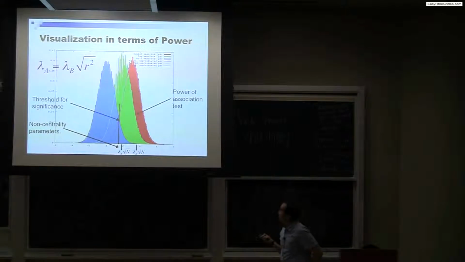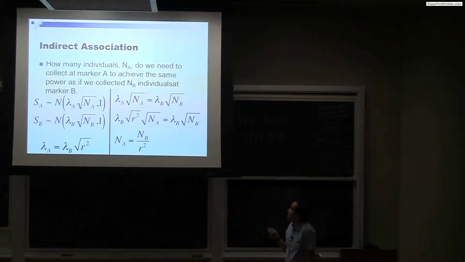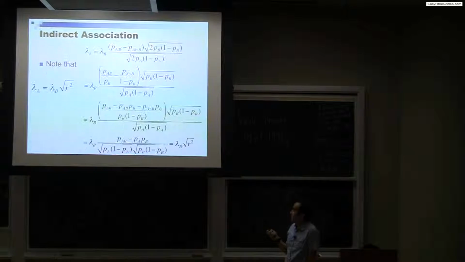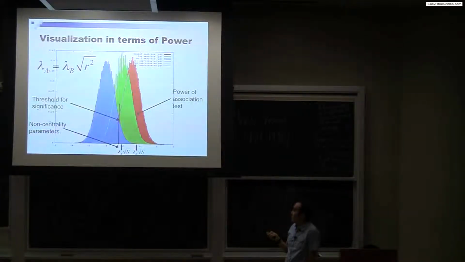Now if I go back to this, what it's saying is: how many individuals NA do we need to collect at marker A to achieve the same power as the NB individuals collected at marker B? Let's say this is how many I'm collecting. If I wanted exactly this power, how many more individuals would I need to collect for A so that this guy would be all the way over here?